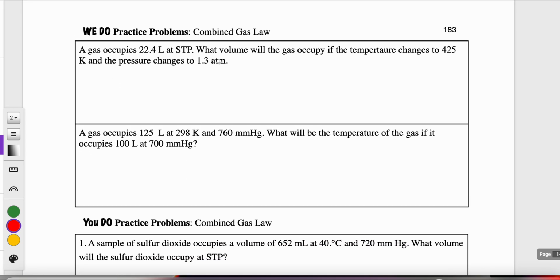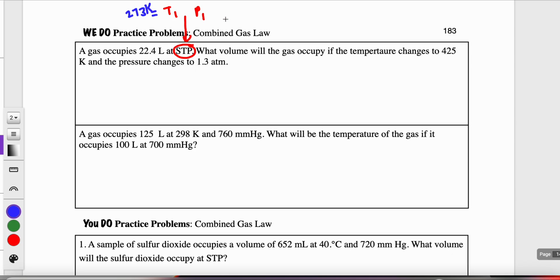Here we go. We have a gas that occupies 22.4 liters at STP. STP is on our table A, and that gives us T1 and P1. When we go to table A, T1 has to be in Kelvin, so our only choice is 273 kelvins. For standard pressure, we see both values for atmospheres and kilopascals.